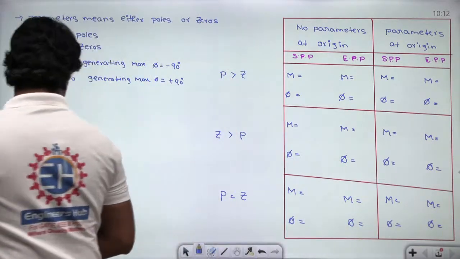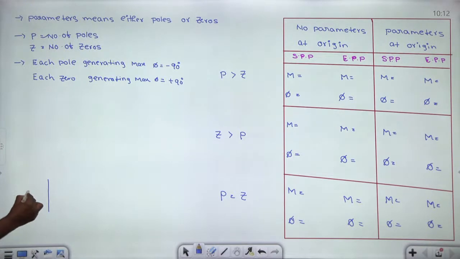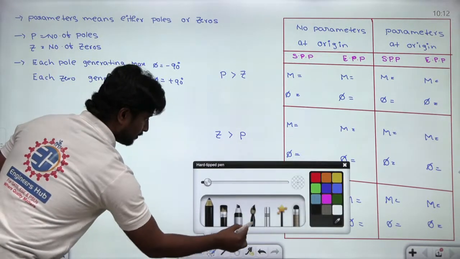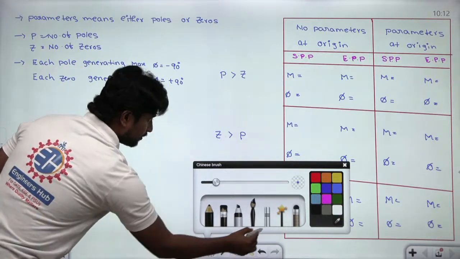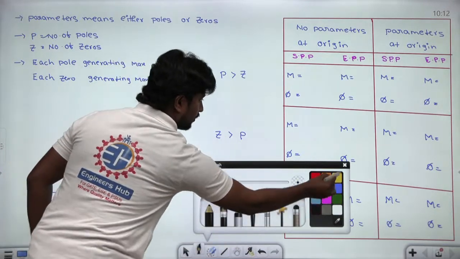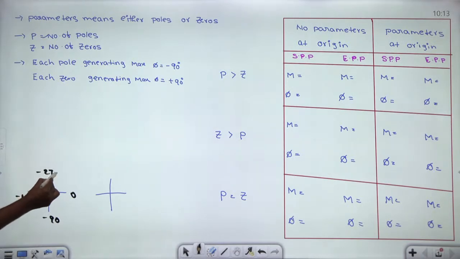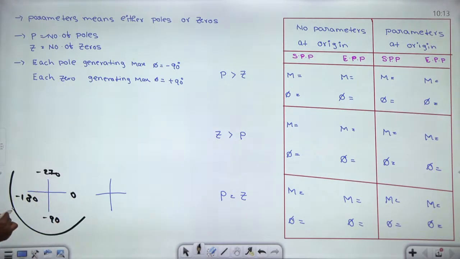So check once guys. See, 0, minus 90, minus 180, minus 270, that means this looks like clockwise direction.